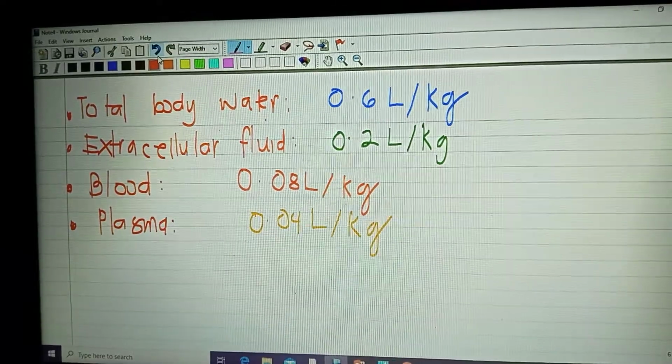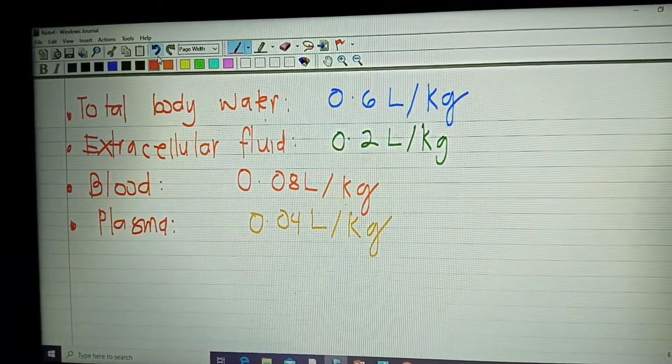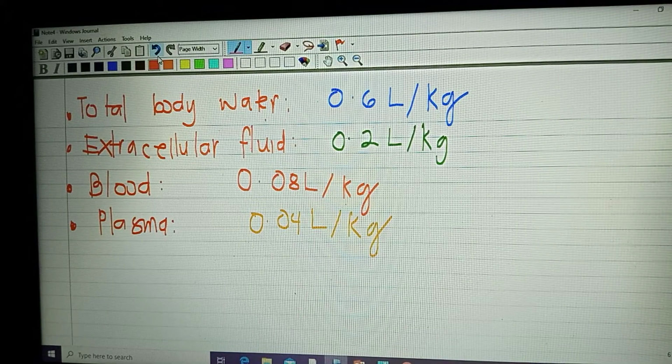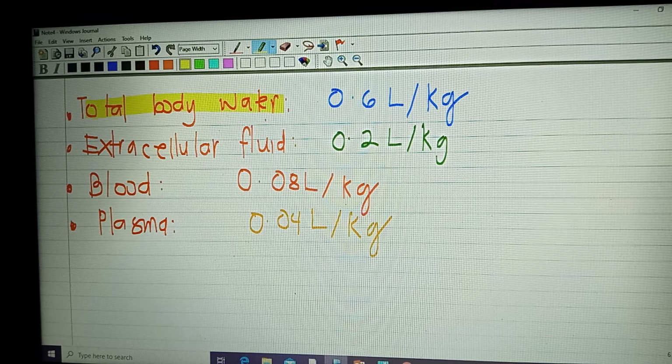Okay, let me illustrate the volume of water compartments, guys, for a person weighing 70 kilograms. What would be the total body water? What would be the plasma compartment of this particular person? Your total body water is 0.6, your extracellular fluid is 0.2, your blood is 0.08, your plasma is 0.04.